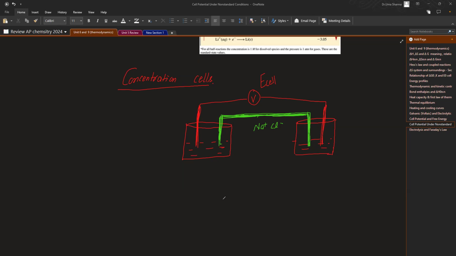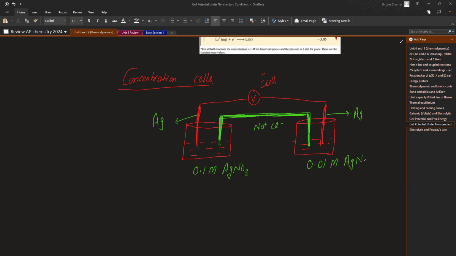So let's see, what are the solutions? In one container, I have taken silver metal. In another container, silver metal. The solution here is 0.1 molar silver nitrate. And the solution here is 0.01 molar silver nitrate.